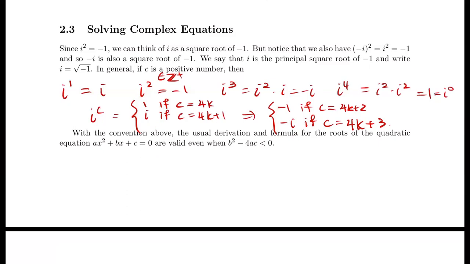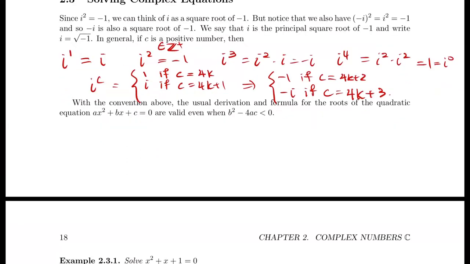Okay, so with the convention above, the usual derivation and formula for the roots of the quadratic equation are even valid when b squared minus 4ac is less than 0. So remember that the quadratic formula: x equals minus b plus or minus the square root of b squared minus 4ac, divided by 2a.